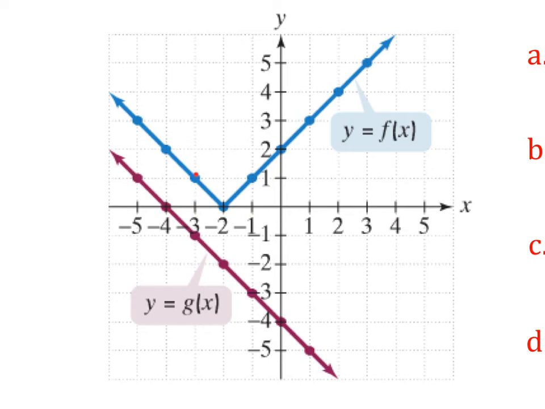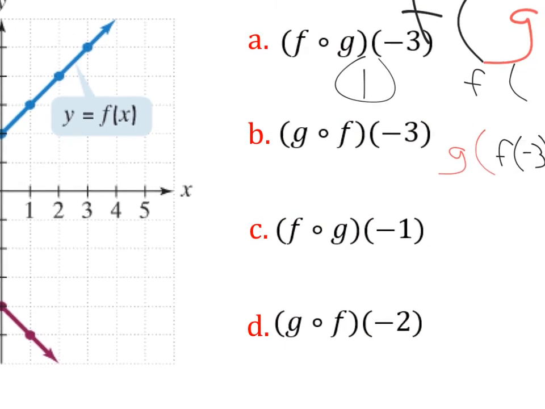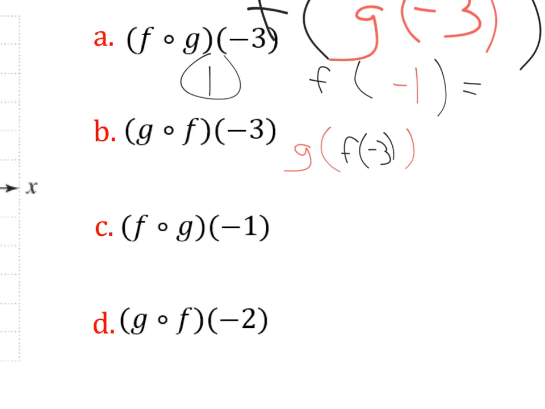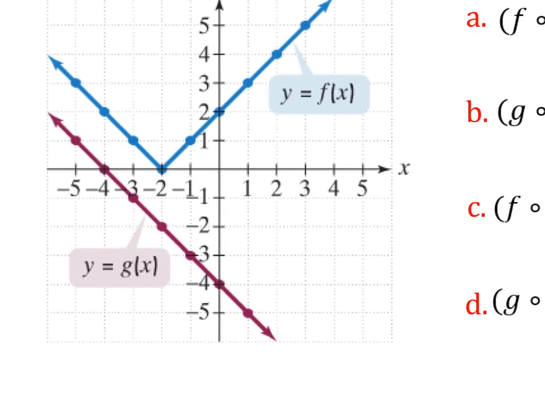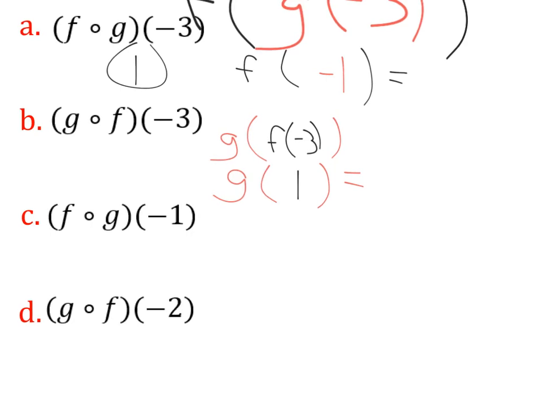When x is negative 3, my f value is 1. So this is really 1. And I need to figure out g of 1. What is that equal to? Well, g of 1, looking at the g function, x is 1. The g function down here is negative 5. So g of 1 is going to be negative 5.